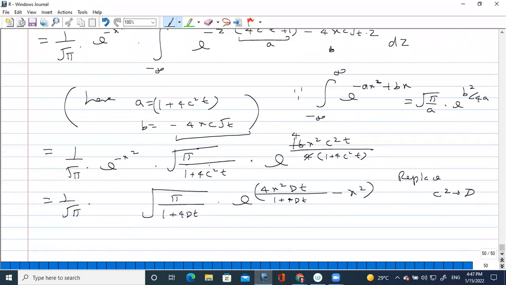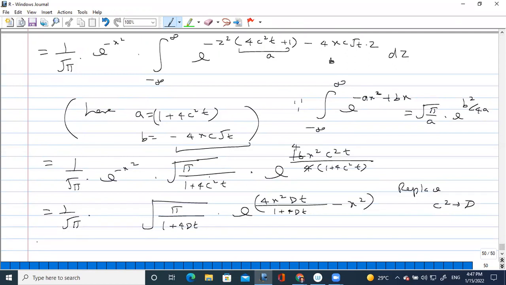So we can further solve it. Root pi to root pi cancel. So it is 1 by under root 1 plus 4 dt into e to the power. Here, what you can do, you can take LCM, e to the power 4x square dt minus x square minus 4x square dt divided by 1 plus 4 dt.